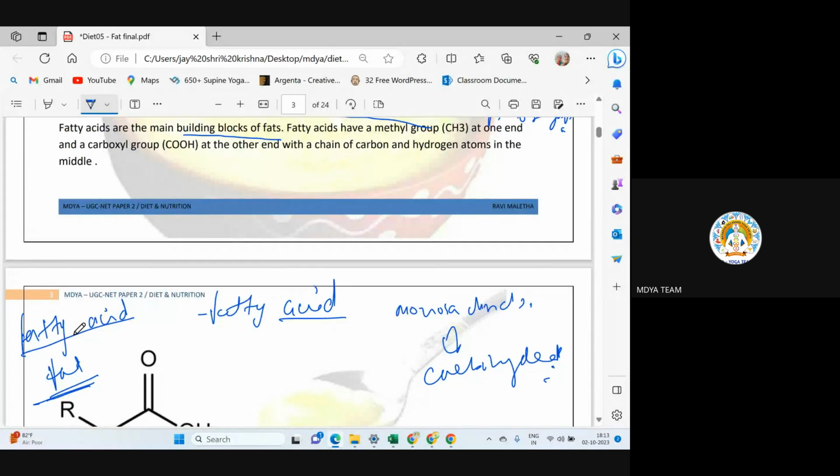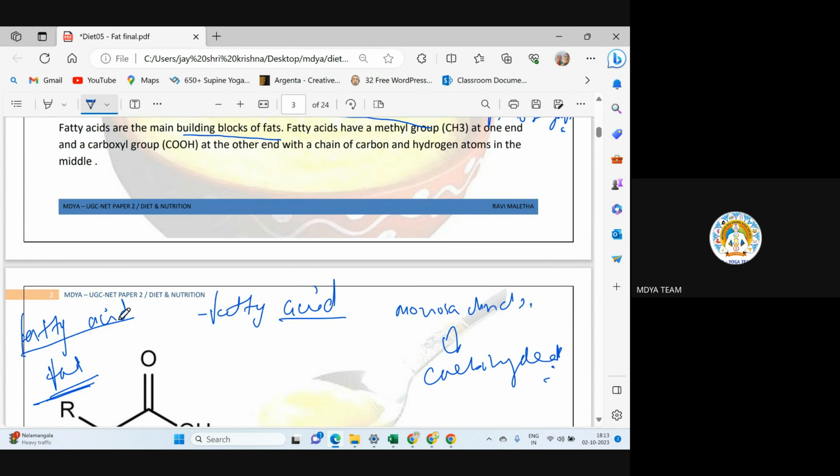Are you understanding what I want to convey? Probably it needs a bit more explanation. In a protein, there is only amino acid. Only amino acids form a protein, but fatty acid alone can't form fat.